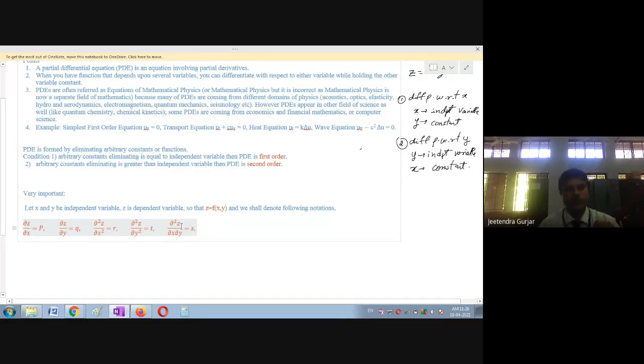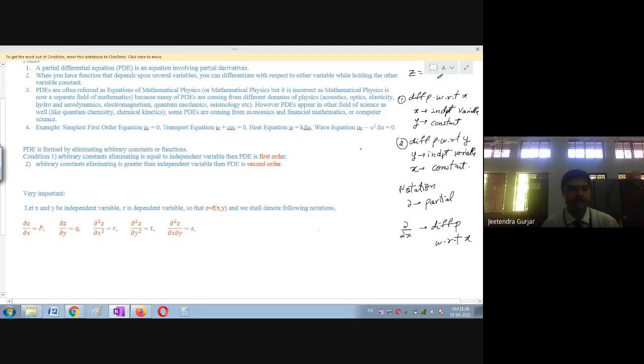Partial derivatives are denoted by dou upon dou x. Dou is nothing but the notation of partial, and when you differentiate with respect to x, this becomes partial differentiation with respect to x. This is the notation, you can just remember this, friends.